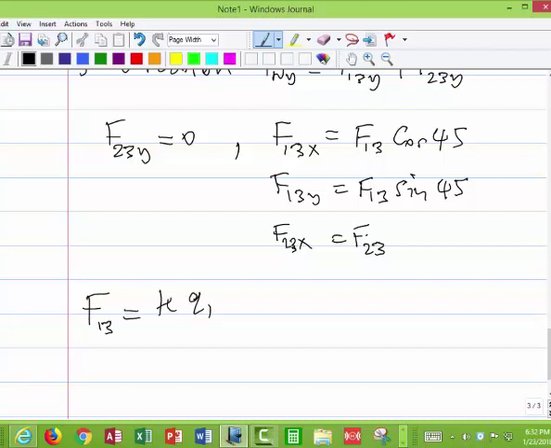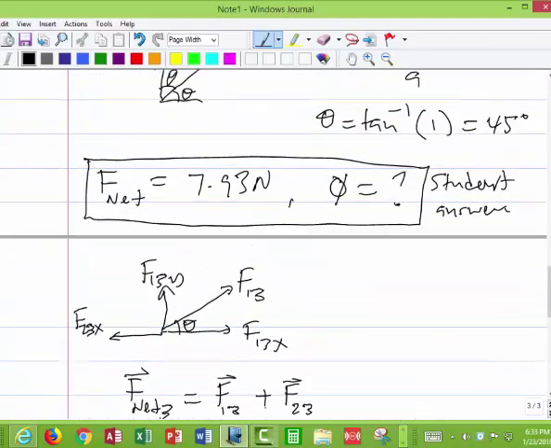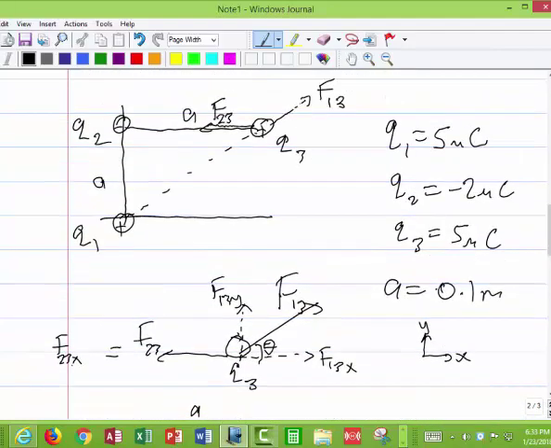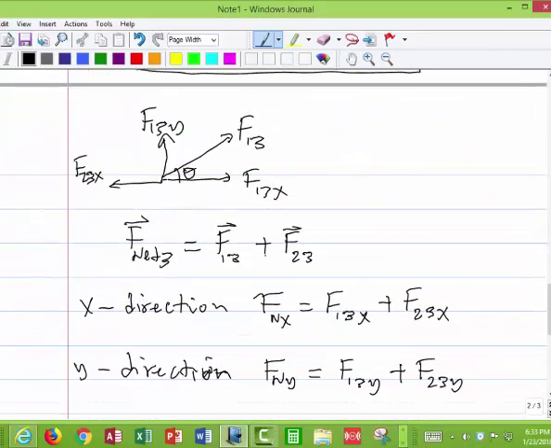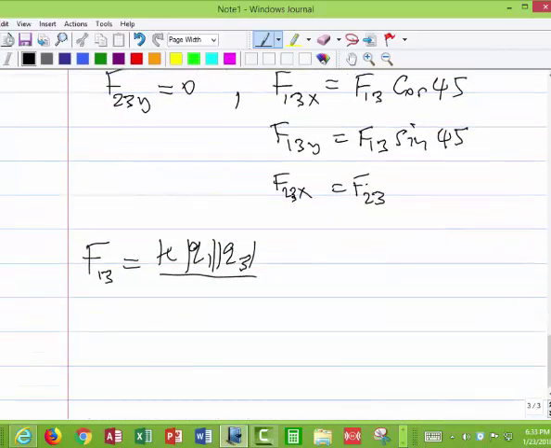Okay, so what is F13? So it's K, Q1, Q3, if you use the magnitudes, divided by the distance between 1 and 3 squared. What is the distance between 1 and 3? 0.14. Yeah. Okay, so basically, if you look at the geometry, this is A, that's A. So this is going to be the square root of A squared plus A squared.